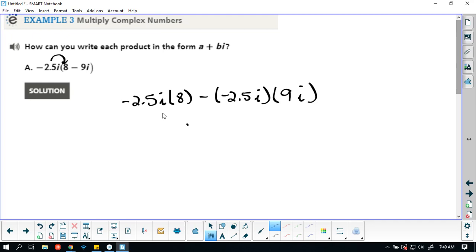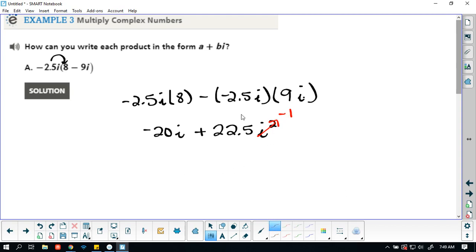All right, so -2.5 times 8 is -20i, minus, or rather plus, because we have a negative times a negative, 2.5 times 9 is going to be 22.5 i squared, because you have an i times an i here. Now remember that little detour we took? I said that i squared is equal to -1.